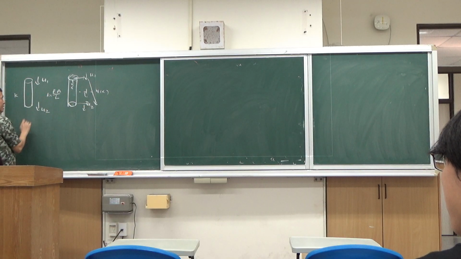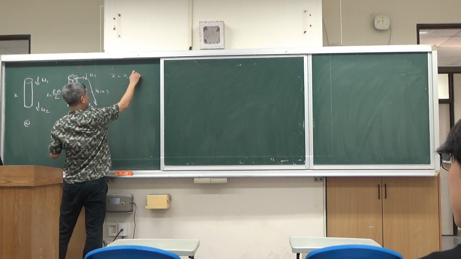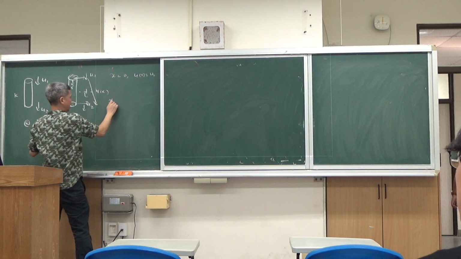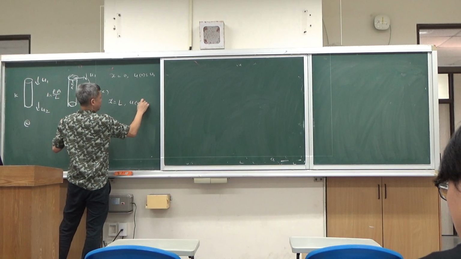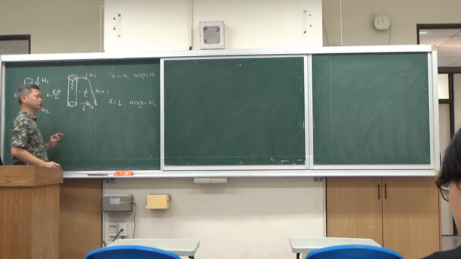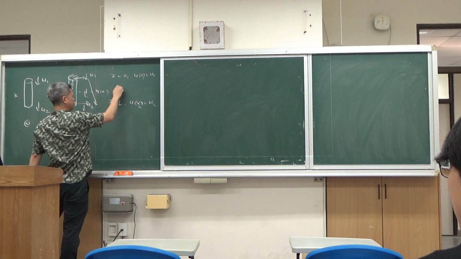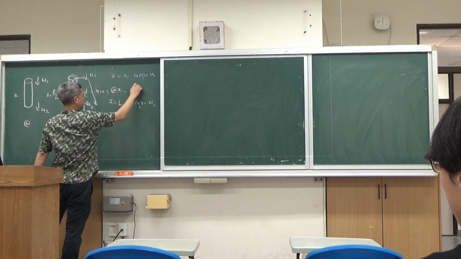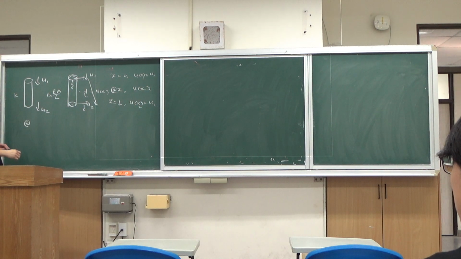Toward the boundary here, at x equal to 0, ux is u1. At x equal to L, ux is u2. Okay? You know at any point when you have displacement ux. How do you describe the ux?